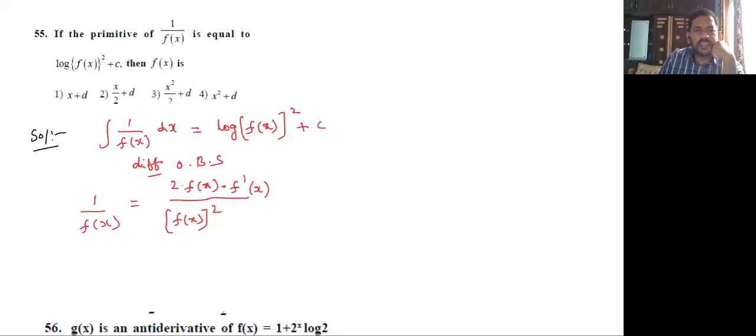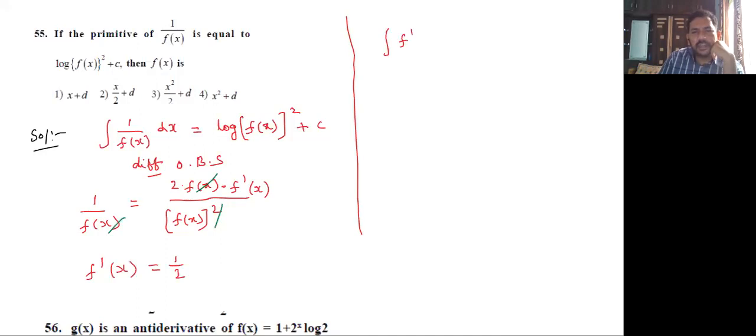Now see the cancellation process. One f of x is cancelled, here also f of x is cancelled. Then what can we do? Finally we got f dash of x value is 1 by 2. Yes or no? Now apply the integration on both sides.